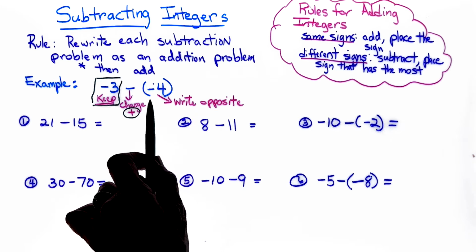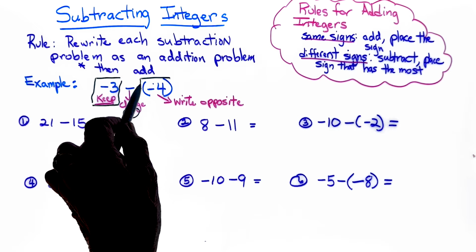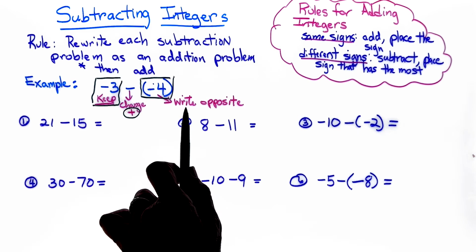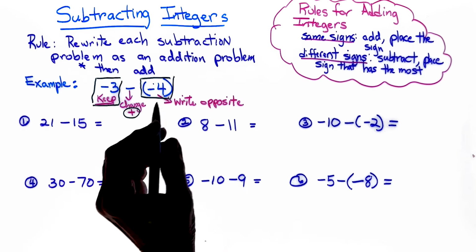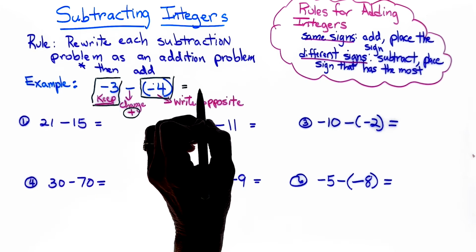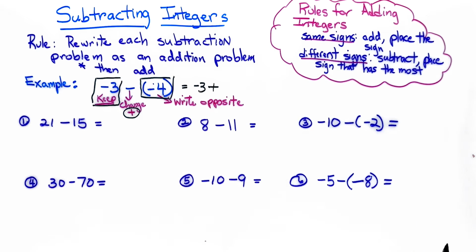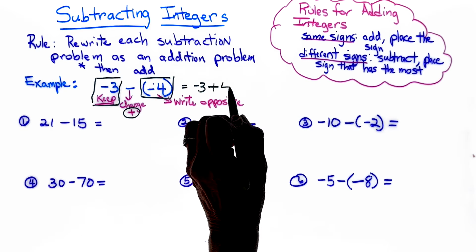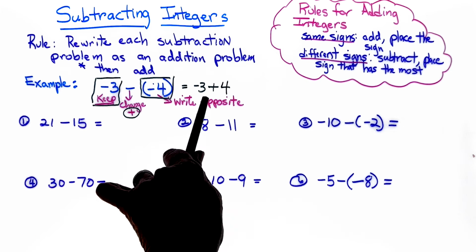And then notice the number after the subtraction sign must be changed, and we will end up writing the opposite of what is there. So to rewrite -3 minus -4 as an addition problem, I am going to keep the -3. I am changing the sign. And now the opposite of -4 is 4. And here I have my addition problem.